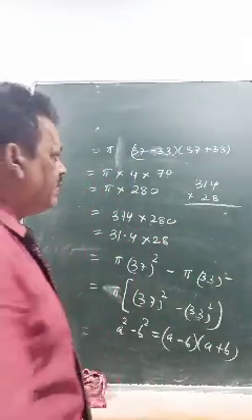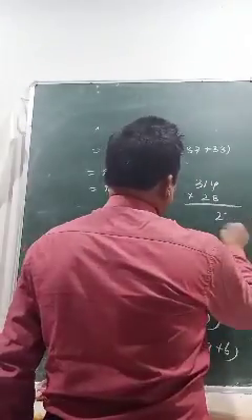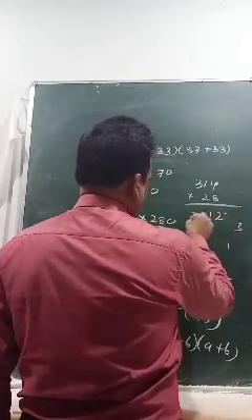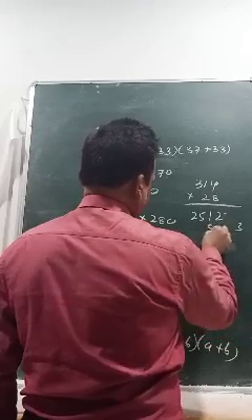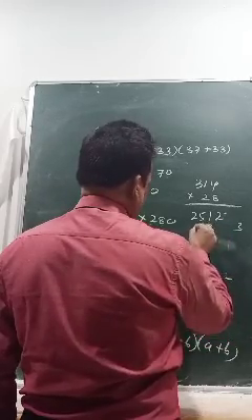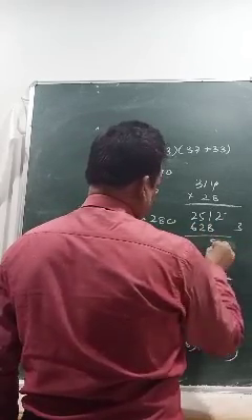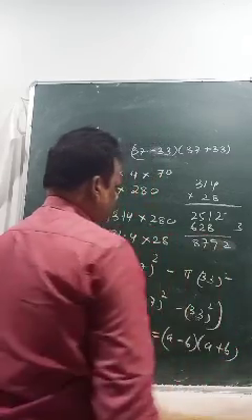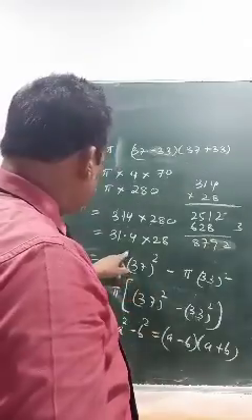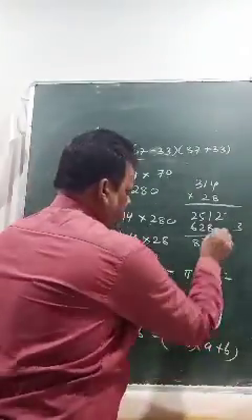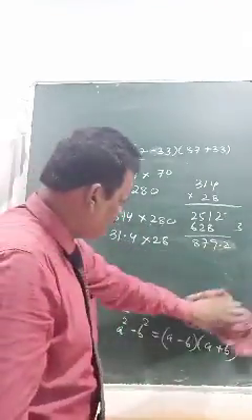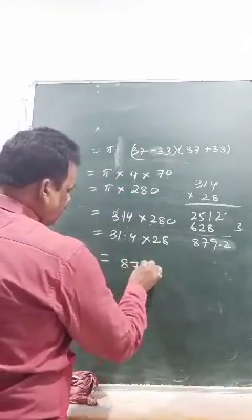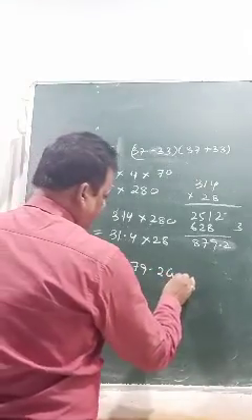Okay, how much you will get? 8792, but after decimal one digit, so you will put here. So 879.2 centimeters.